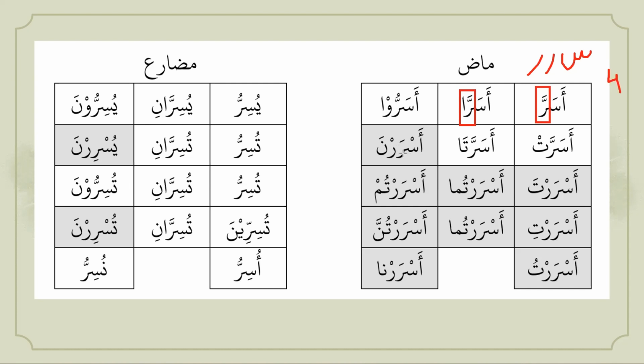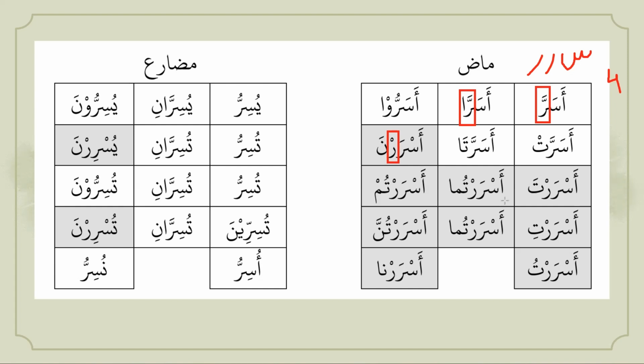Then you see the two ra are separate. Asrarna, hunna asrarna. Why? Because on the third root letter there has to be a sukoon. The hunna version needs a sukoon on the third letter. And in past tense, whatever happens at the hunna version is carried down to the other pronouns also.